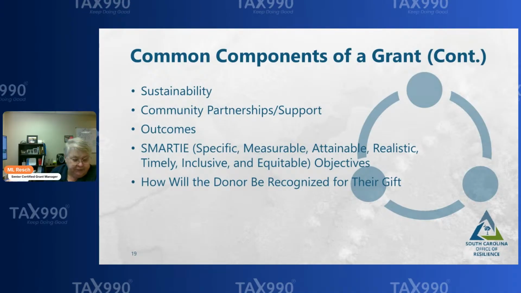Is it attainable? Now, we all want to think that we can do the whole loaves and fishes thing, but I haven't ever found that to really work, and there's only one individual who has. So you've got to be realistic. If you can only do 10 kids a week for 36 weeks of the school year, say that.